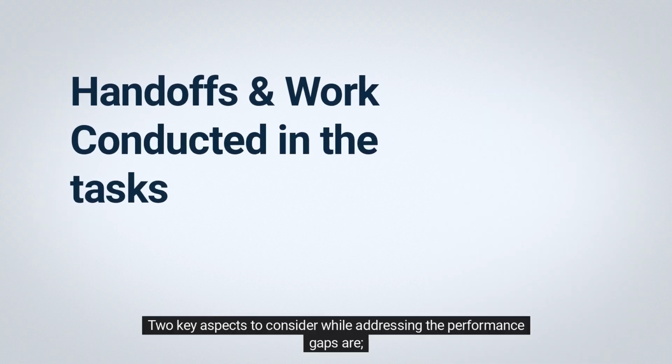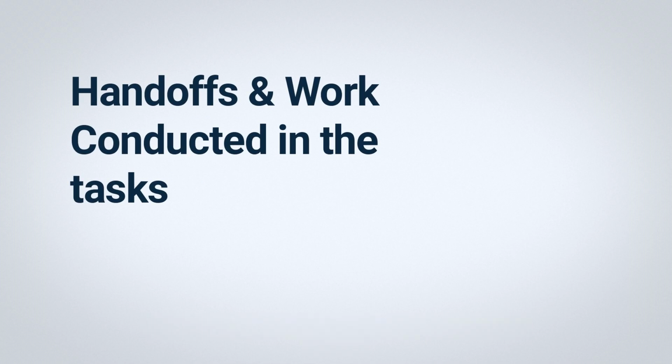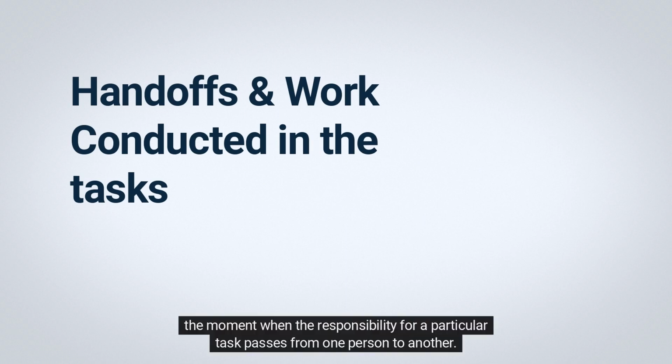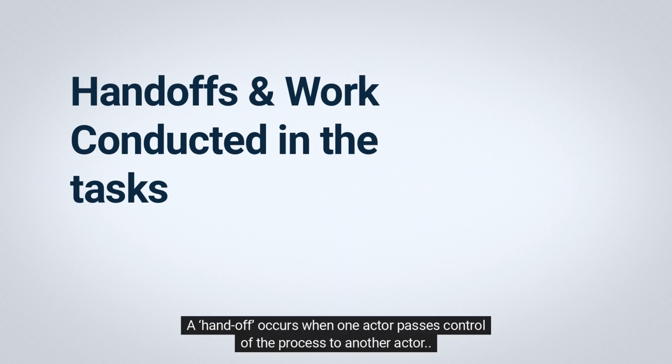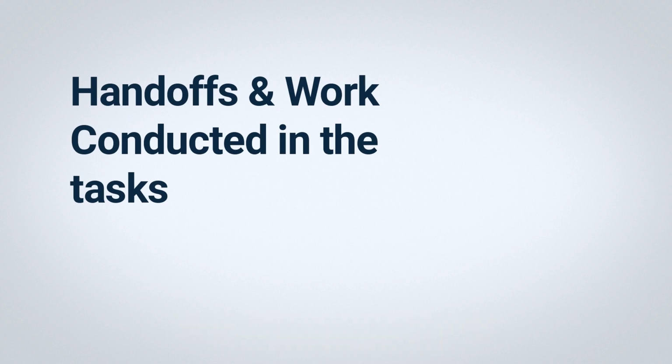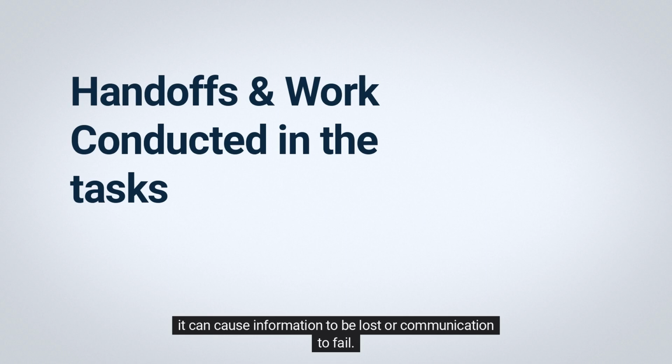Two key aspects to consider while addressing the performance gaps are handoffs and work conducted in the tasks. Handoffs can be defined as the moment when the responsibility for a particular task passes from one person to another. A handoff occurs when one actor passes control of the process to another actor. It can cause information to be lost or communication to fail.